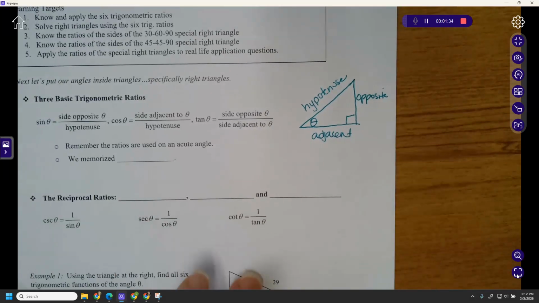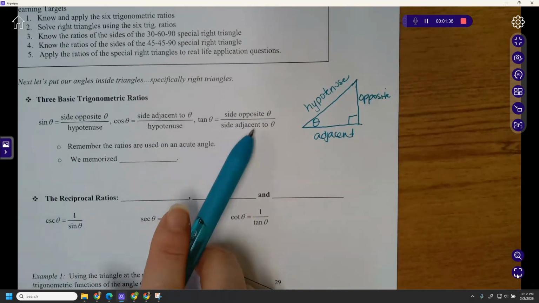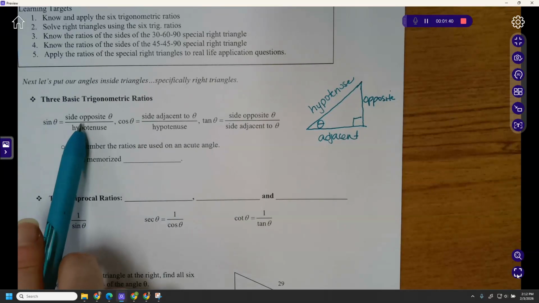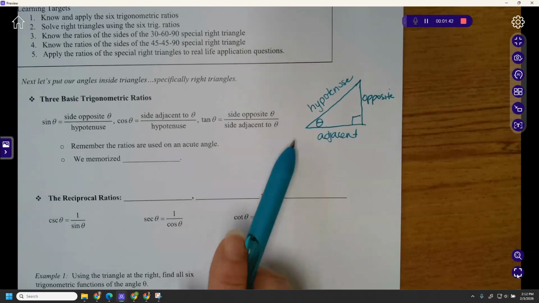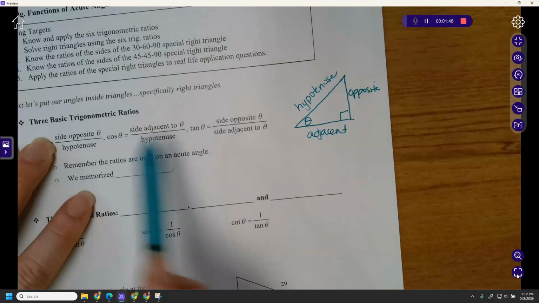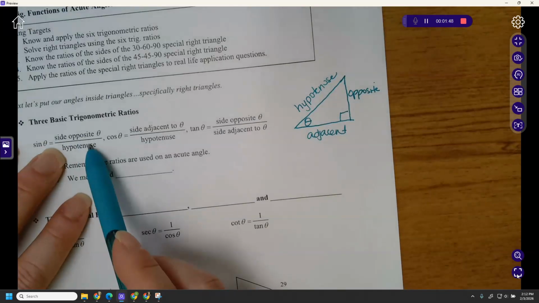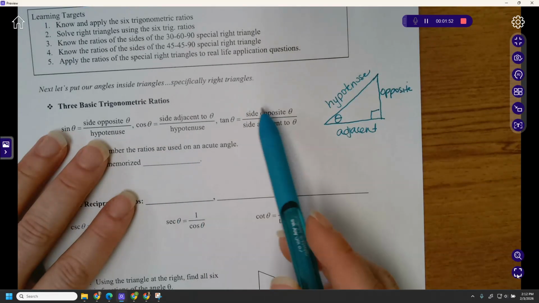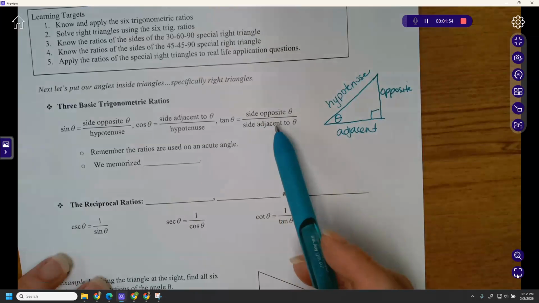The functions sine, cosine, and tangent represent the ratios given by any right triangle. Sine is going to be the length of the opposite side divided by the hypotenuse. The cosine is the adjacent over the hypotenuse. Tangent is opposite over adjacent.